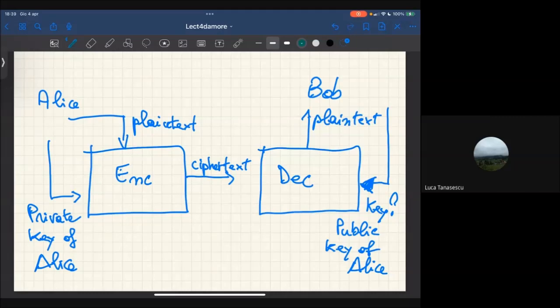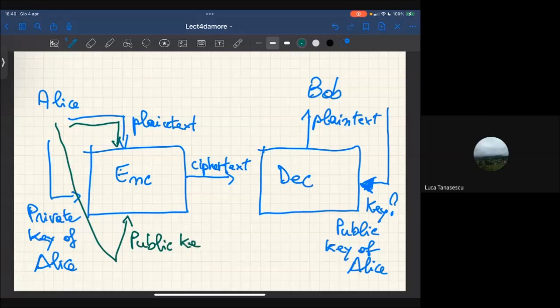Imagine that Alice is again sending a plain text to Bob and encrypting this plain text. But this second time, Alice is using the public key of Bob for encrypting.